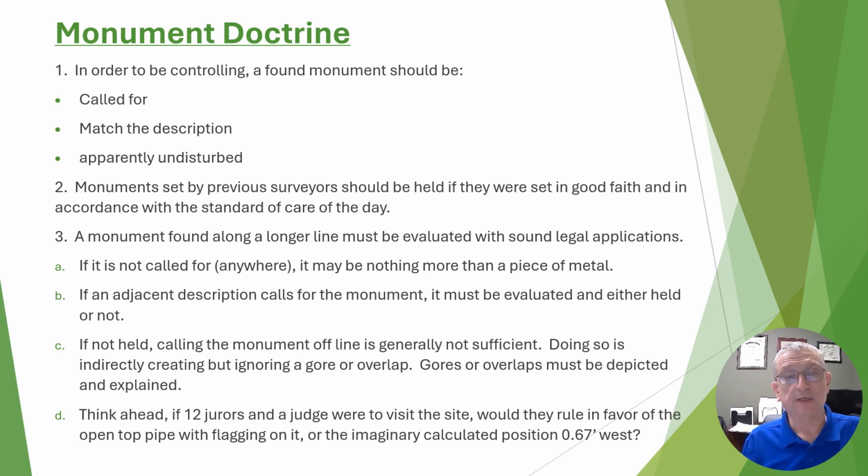Even if some surveyor has set it as a point on line, if it's not called for, it's not called for. You don't have to hold it. If an adjacent description does call for the monument, you have to evaluate it, and it's either held or not. And it's okay to bend on these pins if they were set in good faith by a surveyor using the standard of care of the day.